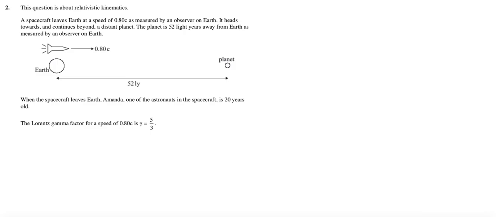It heads towards and continues beyond a distant planet. The planet is 52 light years away from Earth as measured by an observer on Earth. So this situation is illustrated on this graph. When the spacecraft leaves Earth, Amanda, one of the astronauts in the spacecraft, is 20 years old. The Lorentz gamma factor for a speed of 0.8 c is gamma equals 5/3.